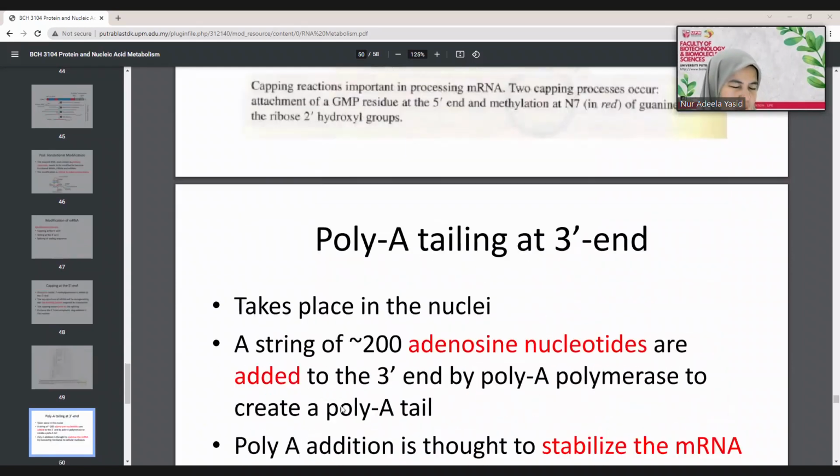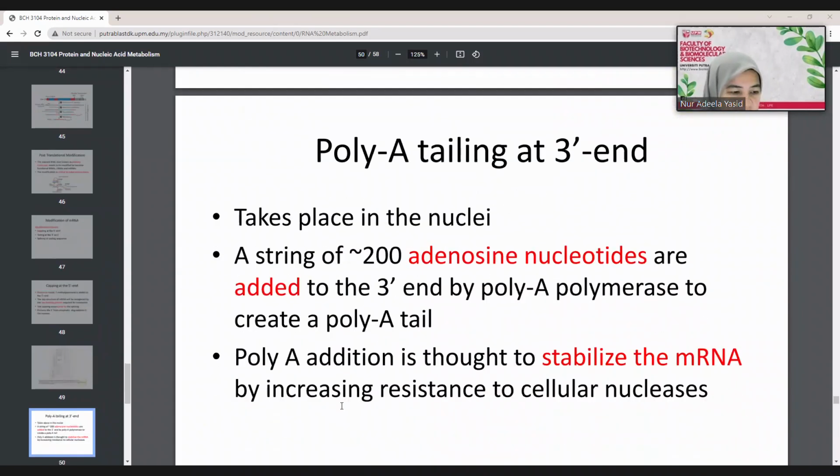So what does it mean by tailing at the 3' end? Tailing by polyadenine, and it occurs in the nucleus. So what does poly-A tailing mean? More than 200 adenosine nucleotides are added to the 3' end by polymerase to create a poly-A chain.